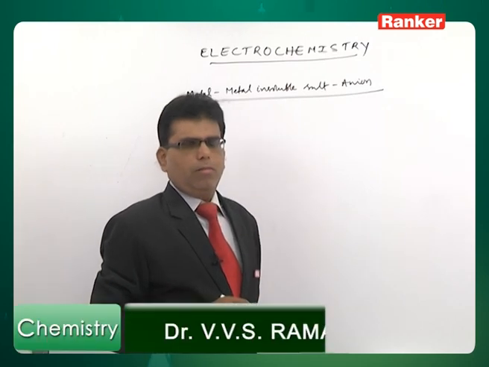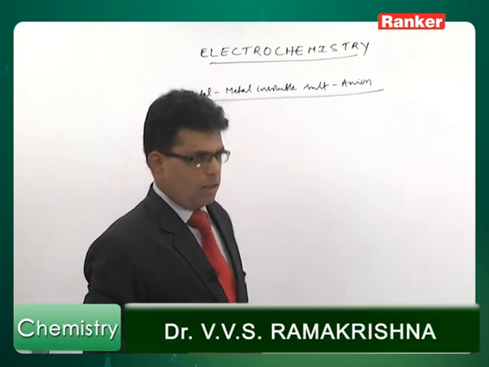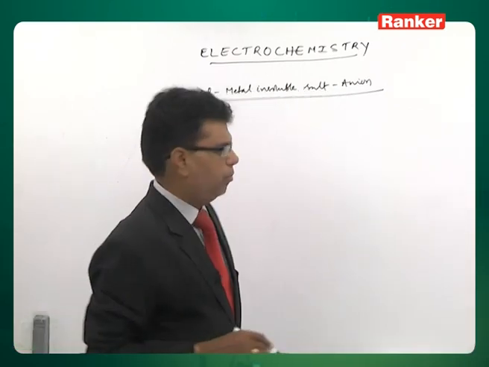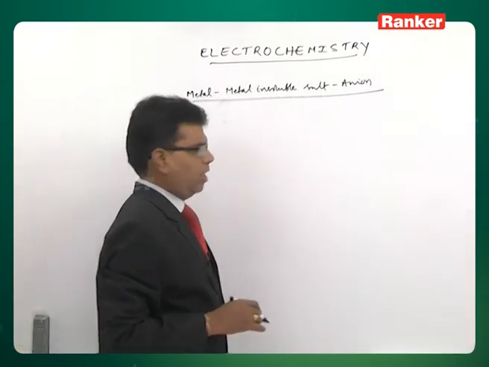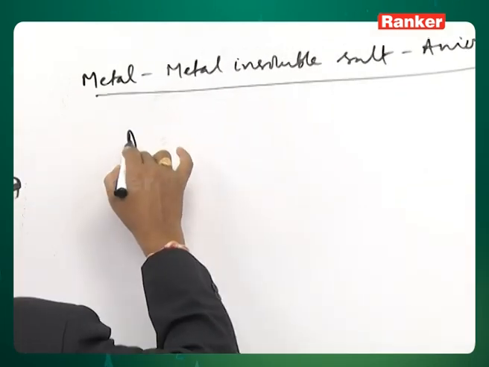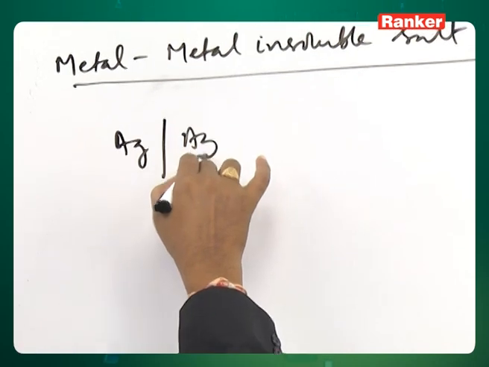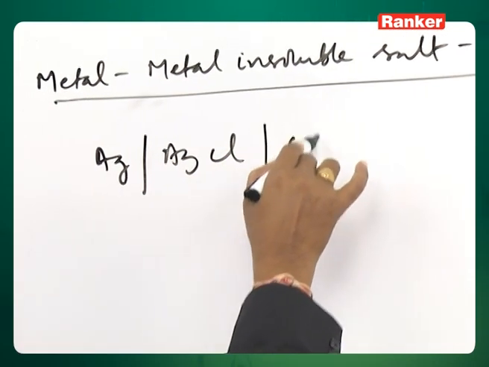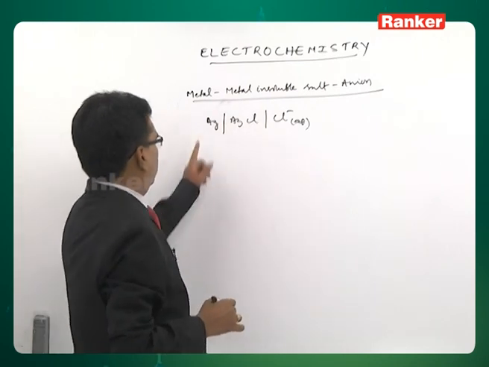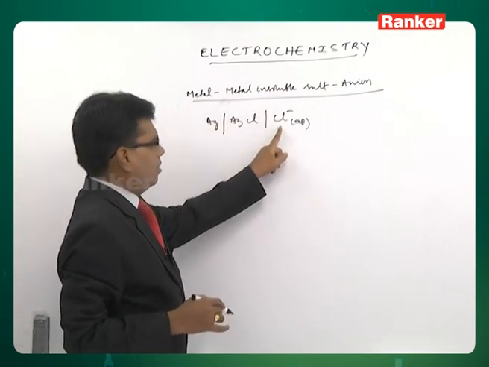where we have a redox reaction with the insoluble salt, which is in the solid, precipitate form, but involved in the reaction. For example, here AgCl, Cl minus.